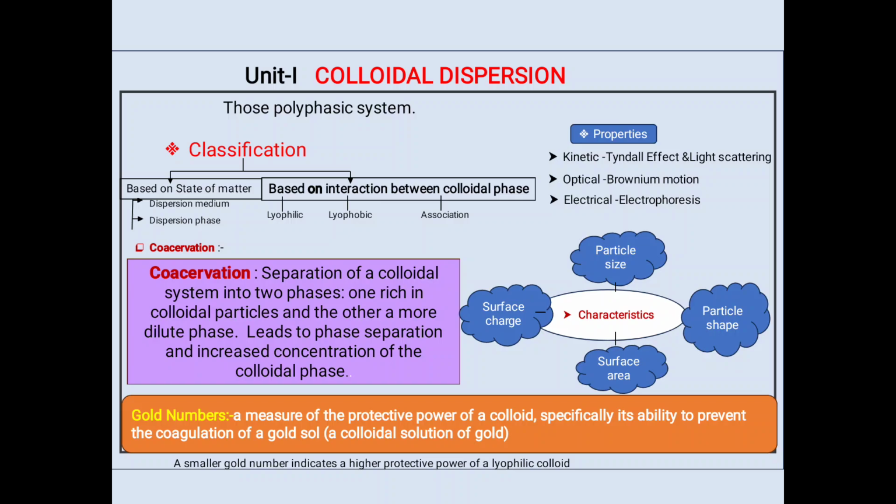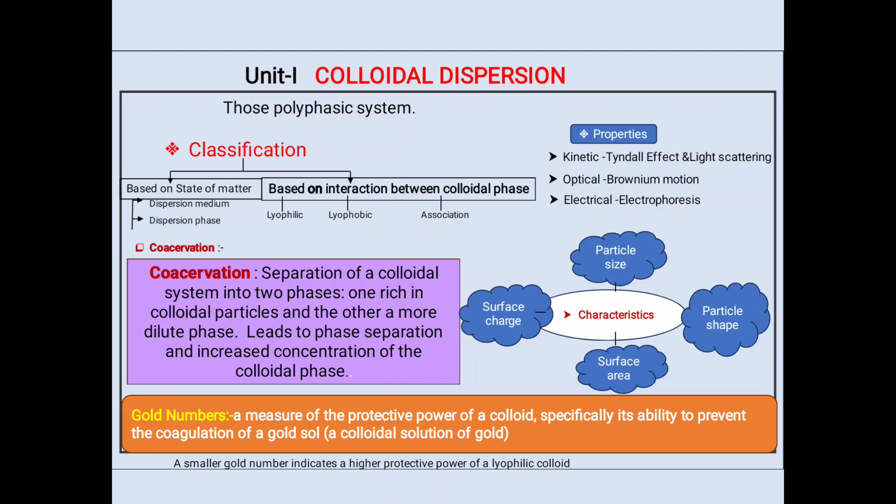Colloidal dispersions are polyphasic systems; poly means many, and phasic system means two phases or more than two phases. Classification is based on state of matter, categorized into dispersion medium and dispersion phase.